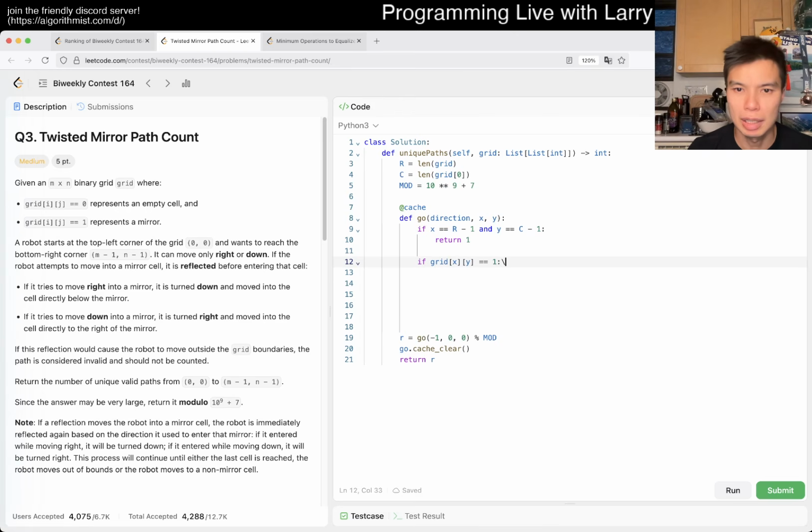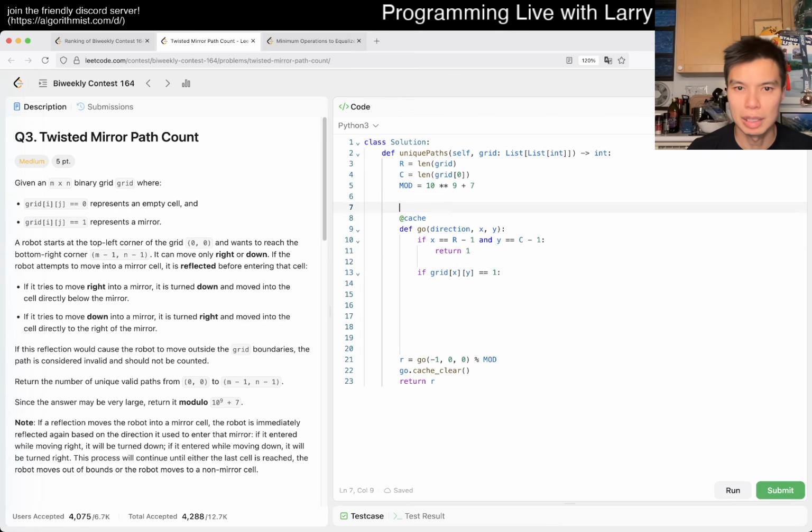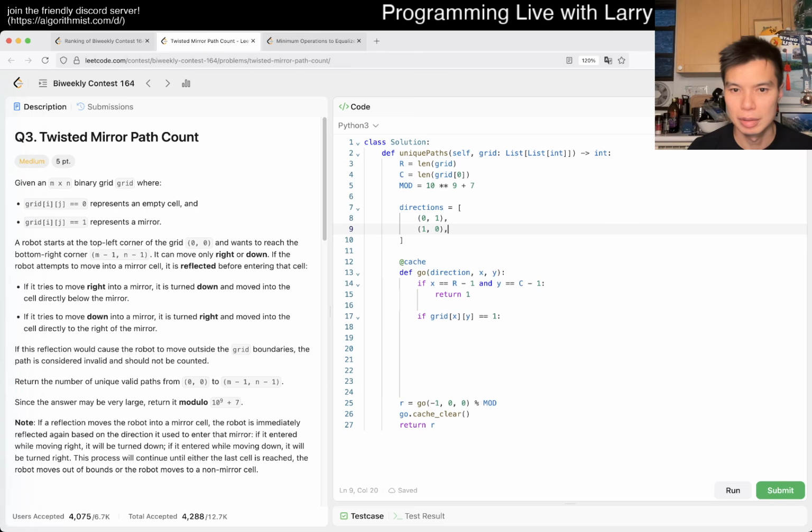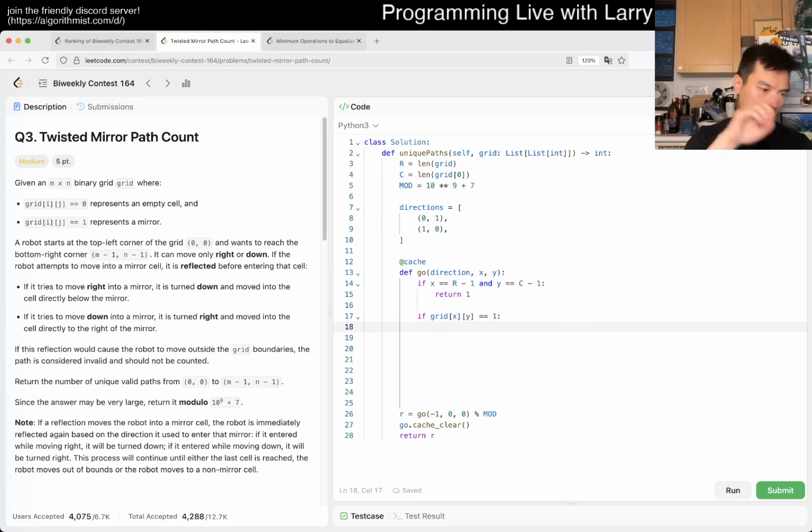Mirror, then now, okay, so then direction, right, then now we, so then this is the previous direction, right?